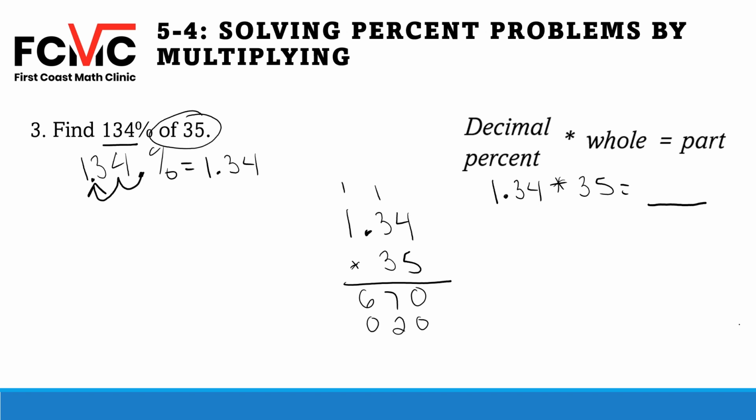Put down 0, carry the 1. 3 times 1 is 3, plus 1 is 4. So now let's add 0, 9, 6, and 4. And we're going to put our decimal 1, 2 places to the left. So we get 46.9 as our answer.